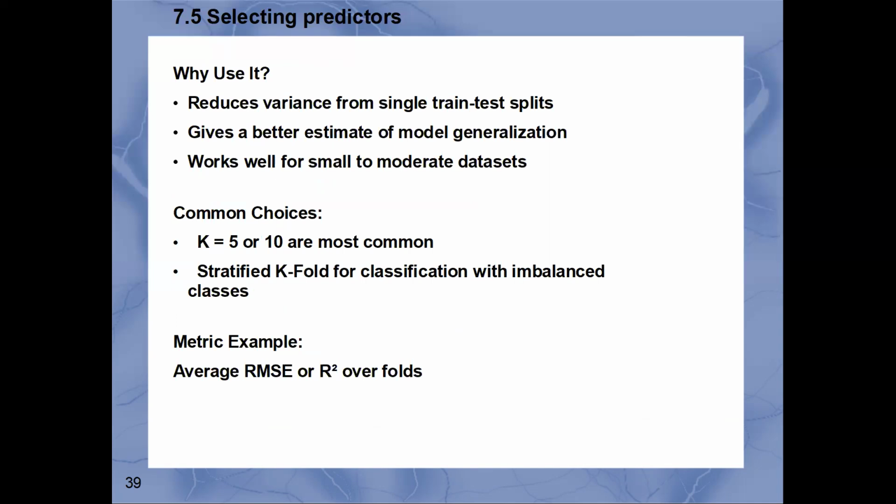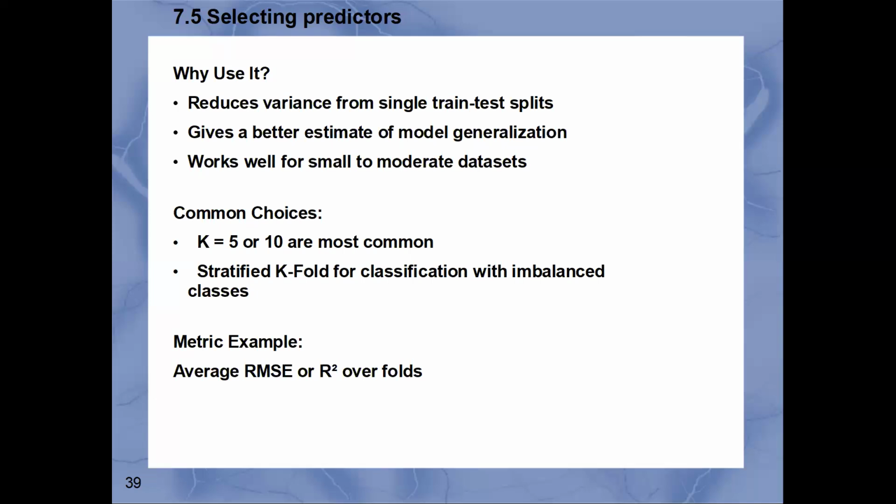So why is it used? It reduces variance from single train test splits, and it gives a better estimation of the model's generalization. So don't forget, you can make a model fit your historical data perfectly, but that doesn't mean it's going to predict what's happening in the future, and that's what we really want. So it works well for small to moderate data sets.